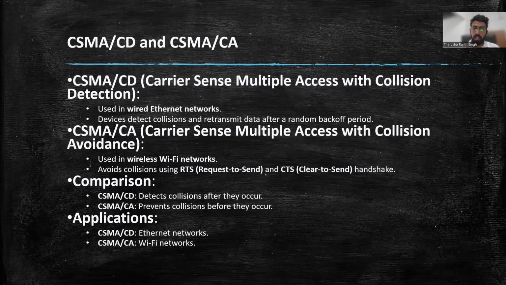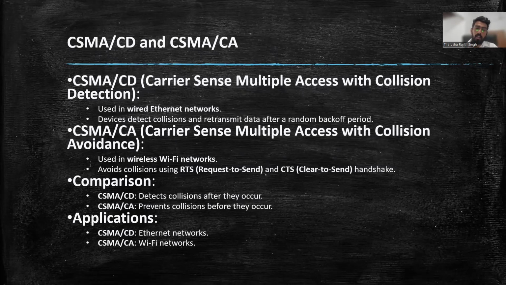CSMA-CA is used in wireless Wi-Fi networks. It avoids collisions by using a request to send and clear to send handshake mechanism. Here's how it works. Before transmitting, a device sends an RTS frame to the access point to request permission to transmit. If the medium is available, the access point responds with a CTS frame granting permission.